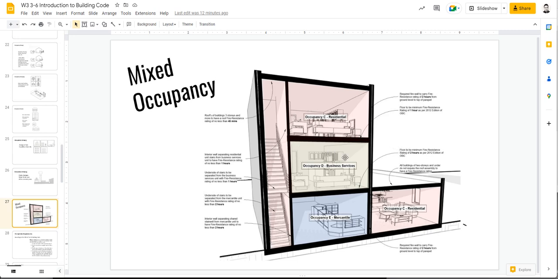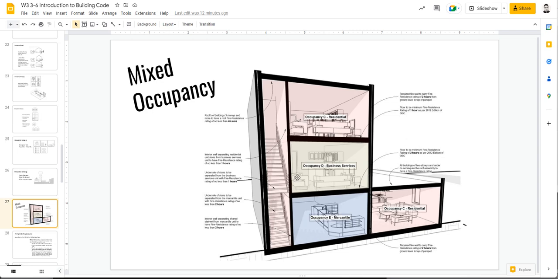And you can do that, but there would be certain requirements: between a residential and a business, the structure, wall or floor, must be built with 1 hour rating. But if you have a business and a mercantile, the structure separating the two, wall or floor, must be built with 2 hours.